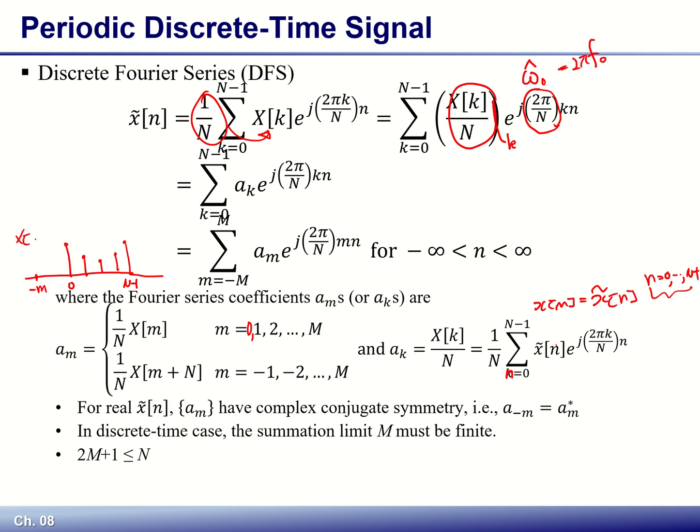X[minus m] is the same as X[m plus N minus m] due to periodicity.